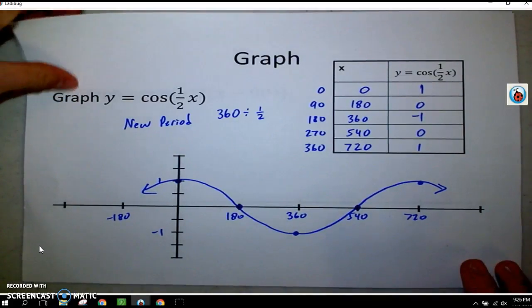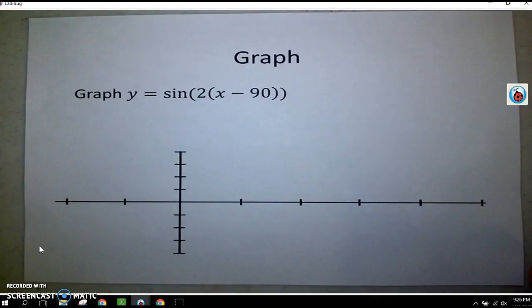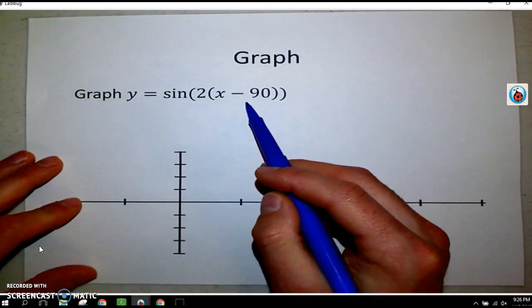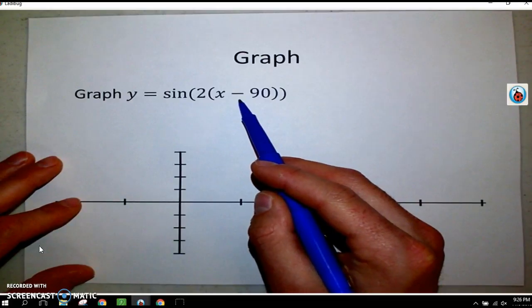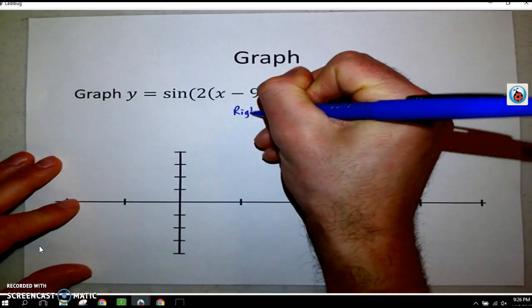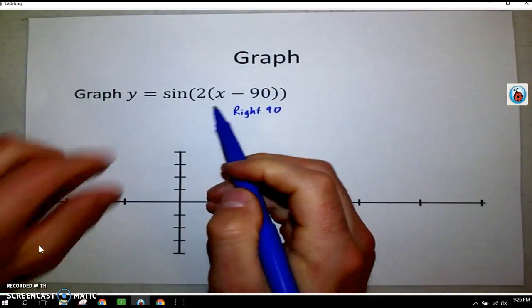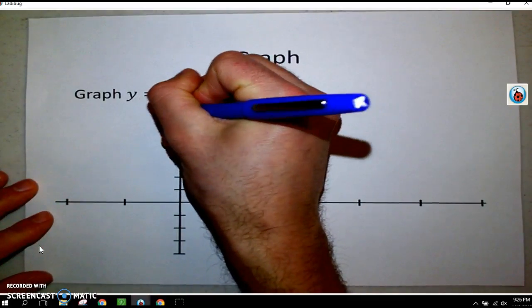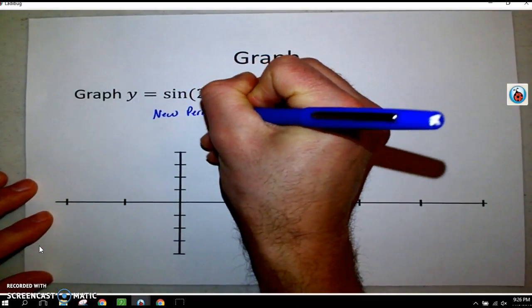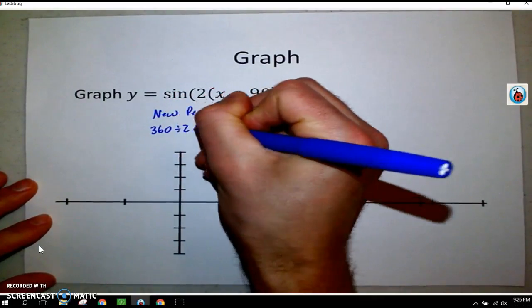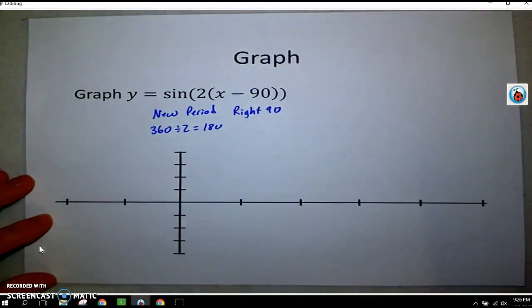All right, let's take a look at the last one here where we're going to do both of these together. All right, so I have a phase shift where I've gone to the right, again, always thinking opposites. So I'm going to go right 90, but I also am going to have a new period. And that new period is going to be 360 degrees divided by 2. So that would be 180.